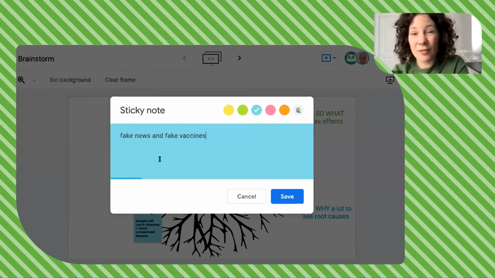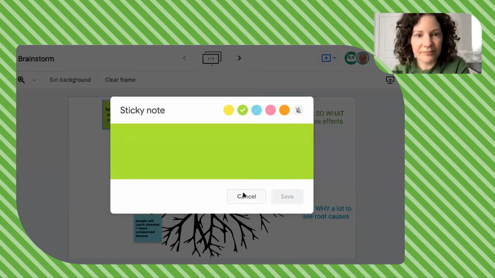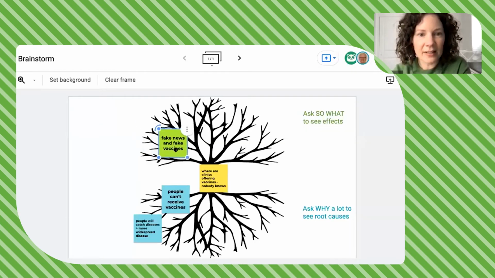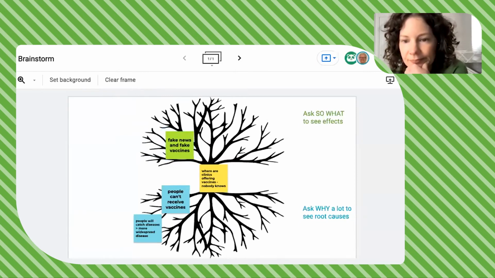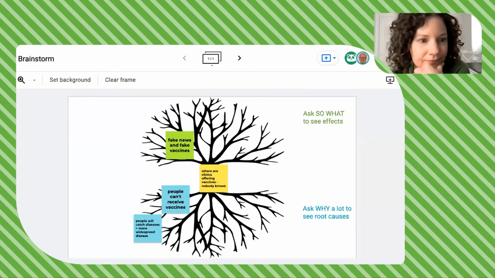Maybe that's a result of. Yeah, it's a result, or it could be a so what to the effects of if people don't know, then it would be more on the top side of the tree, because people don't understand. If you don't have access to information and to the centers, then you may not believe it. And there could be a lot of social media dependency that causes hype.